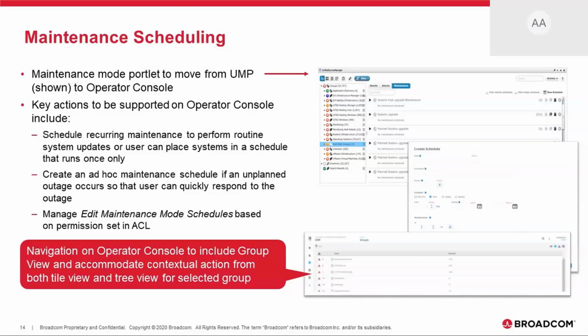For example, maintenance scheduling will be available in the group context-based navigation, the way users do it today, scheduling maintenance from a node, from a group, or at a global level. The same thing will be available on the operator console as well.